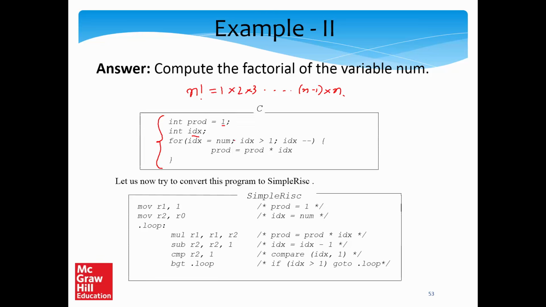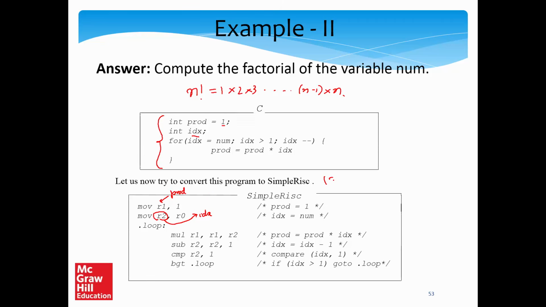Right? So let us now try to convert this program to SimpleRisc. The first thing that we do, step 1, is register assignment. So R1 is assigned to prod, and we set prod equal to 1. R2 is assigned to idx, and we initialize it with num.